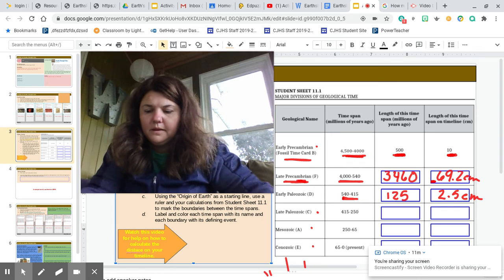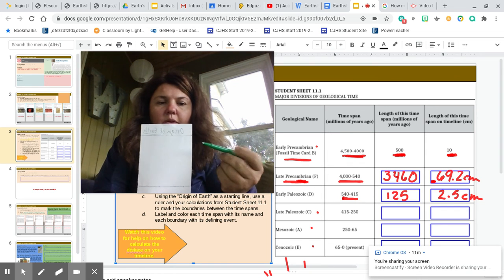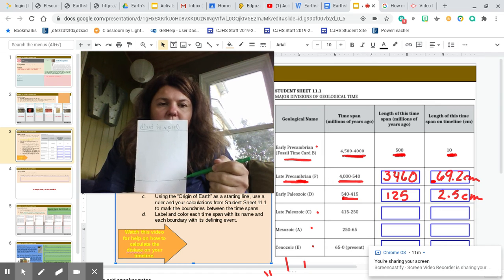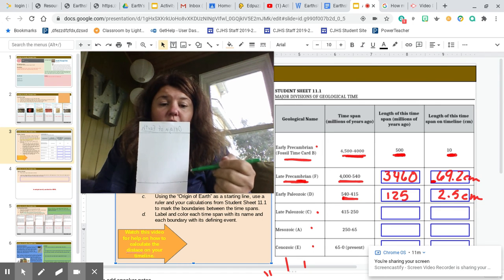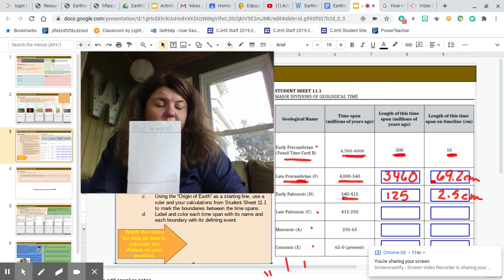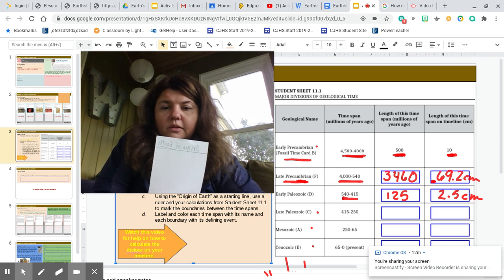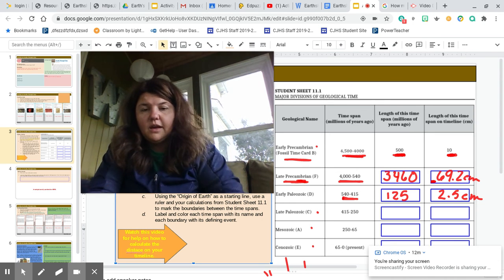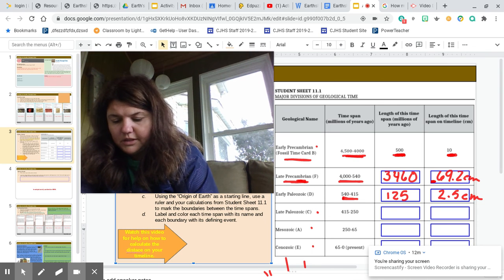From this point to this point, this is covering 500 million years. Then part D tells us to label and color each area.